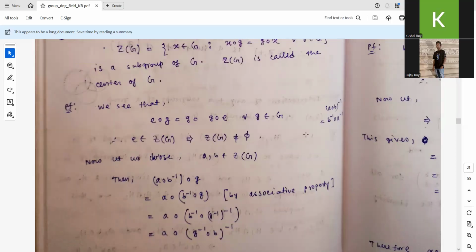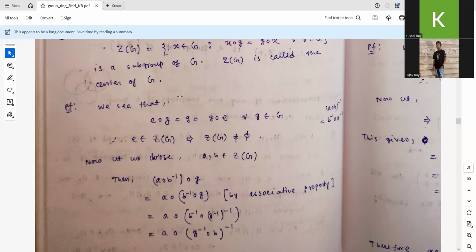Now, first we show that the center of G is non-empty. Actually, e composition g is equal to g, and it is also equal to g composition e, because if we compose the identity element with any element on the left hand side or the right hand side, we get the same element.